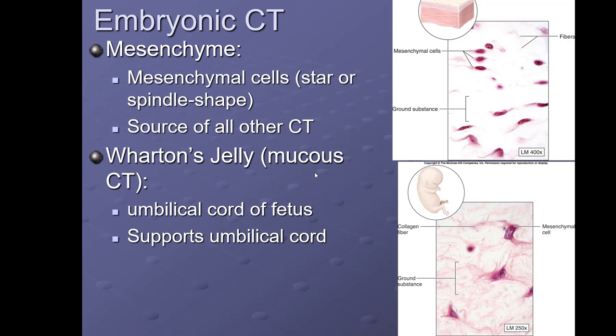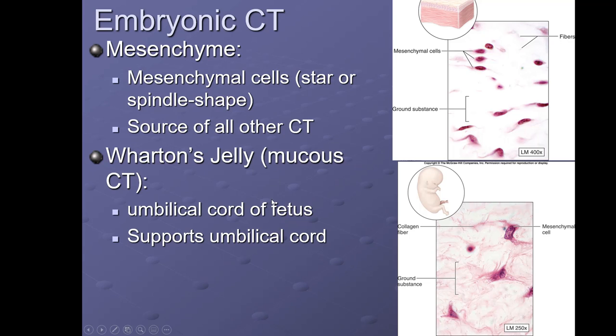So starting with the embryonic connective tissue, and again, this is outside of the outline that I gave you, but there's a connective tissue called mesenchyme, and these are just stem cells, stem tissue that actually can transform and differentiate into other tissues. So this is where connective tissue starts, and then all the other types originate off of this mesenchyme. So it's often called embryonic connective tissue.